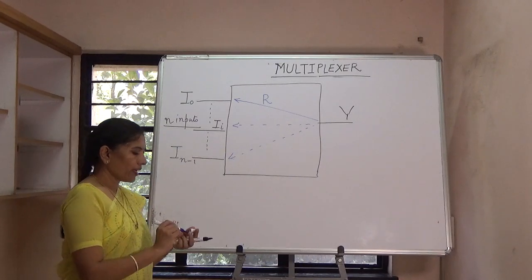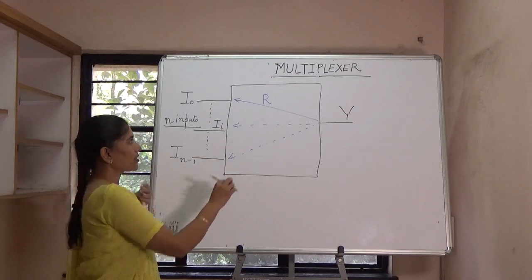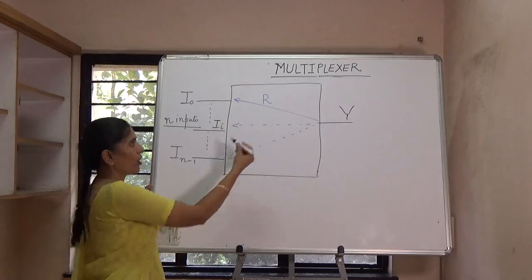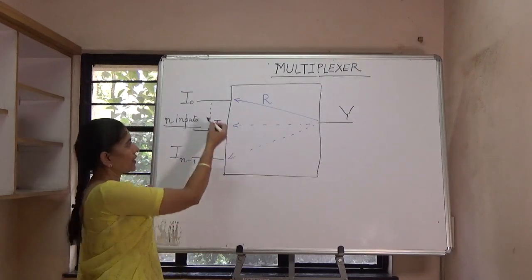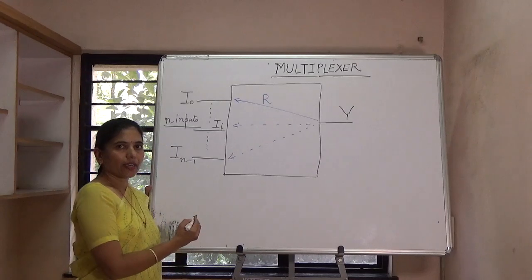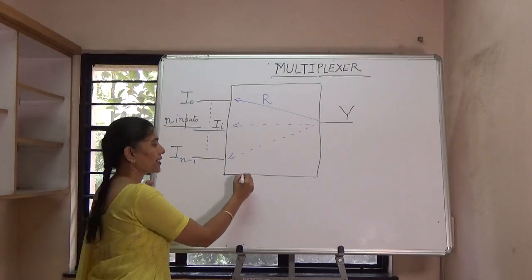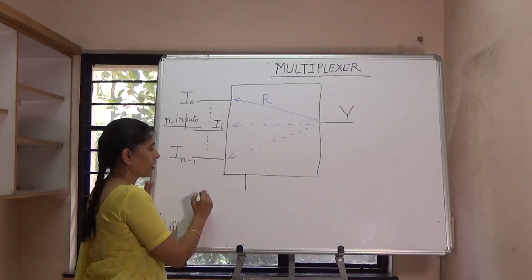Now how do we realize this rotator? Who decides at what position the rotator will be, so as to connect the input line to the output Y? This can be done with the help of what are called select lines.